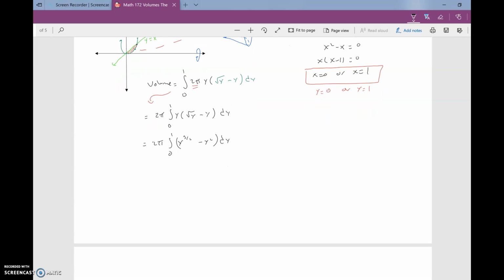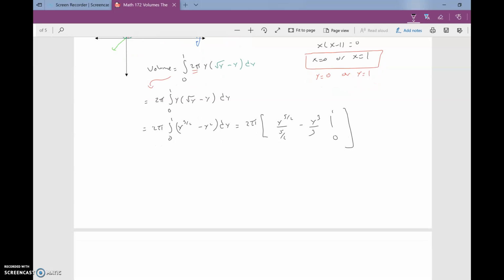Okay, so let me evaluate the integral. In this case, we're going to have 2 pi times y to the 3 halves plus 1, which is 5 halves, divided by 5 halves, minus y to the third divided by 3. And then we're going to be evaluating from 0 to 1.